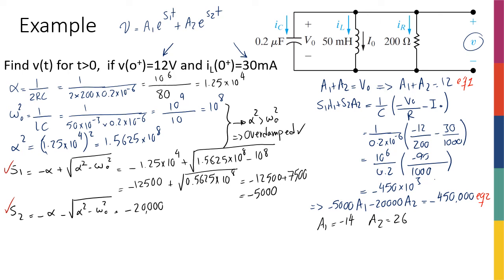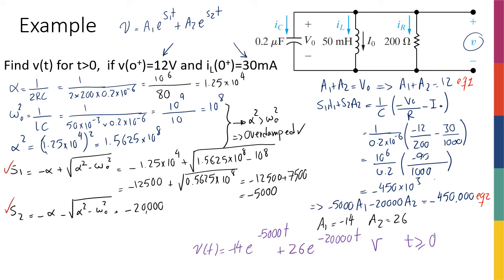So I can write my voltage expression, V(t), to be equal to negative 14 e to the power of S1 t, so negative 5,000 t, plus 26, which is A2, times e to the power of negative 20,000 t. And that's in volts, for t greater than or equal to 0.